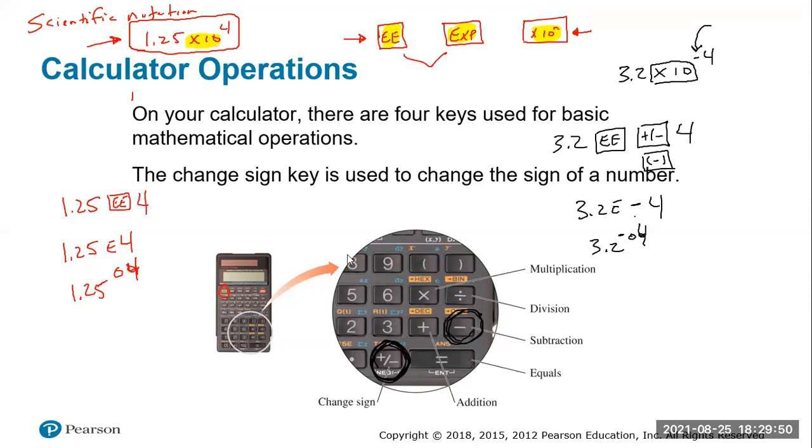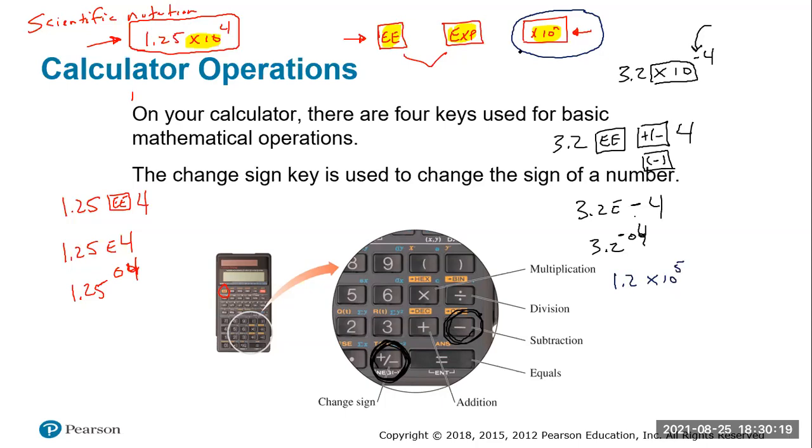Now, I don't want to forget the people that actually do have this button over here. And we'll probably see some more examples later on in this chapter. But if you do have this button, because of the way the calculator is typically programmed, you essentially need to put parentheses around every number. What I mean by that is, let's just take the 1.2 times 10 to the 5.